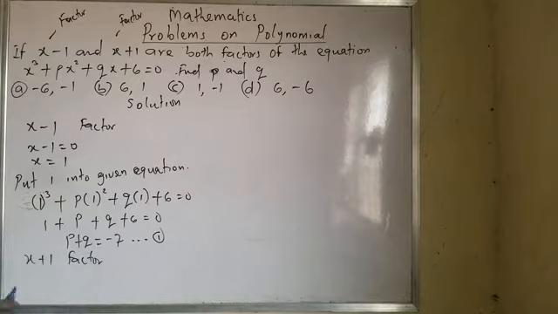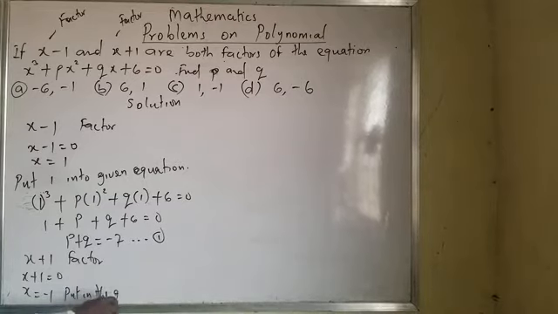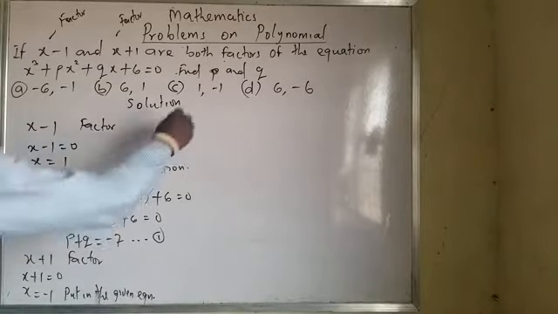Now, it means I will be talking about x plus 1 equals 0, so x equals minus 1. Now, put it in the given equation. What is the given equation?